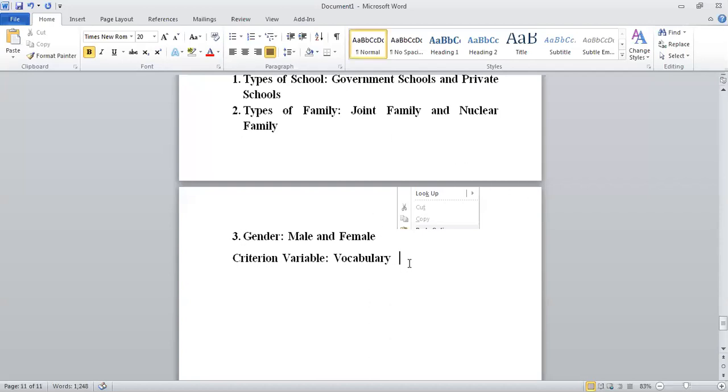Okay. Now, let us take another variable, which is a covariate. Suppose I take two covariates this time. One covariate is study habits, and another covariate is anxiety.